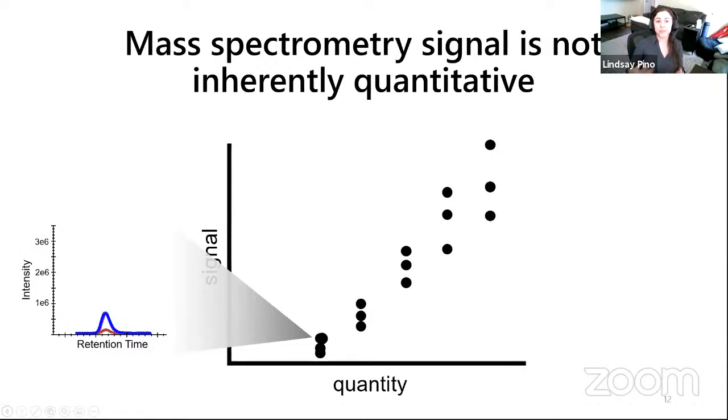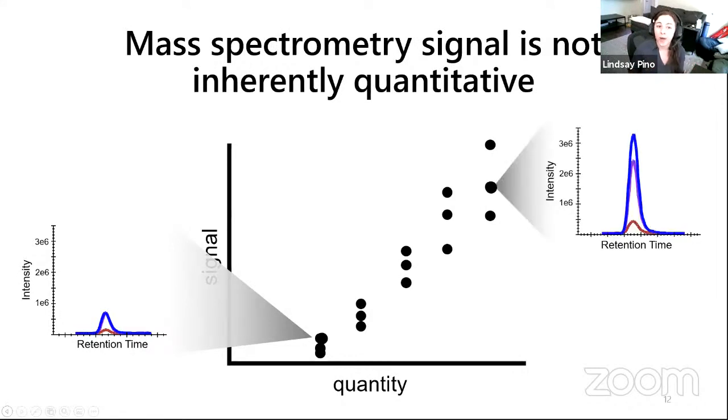That signal, typically when we're doing DIA mass spectrometry, is an MS2 chromatogram. So if we have a small quantity, small signal, we have a small peak area. When it's a higher quantity, a higher signal, we should have a larger peak area. But at some point, even though the quantity decreases, there is no change in signal.